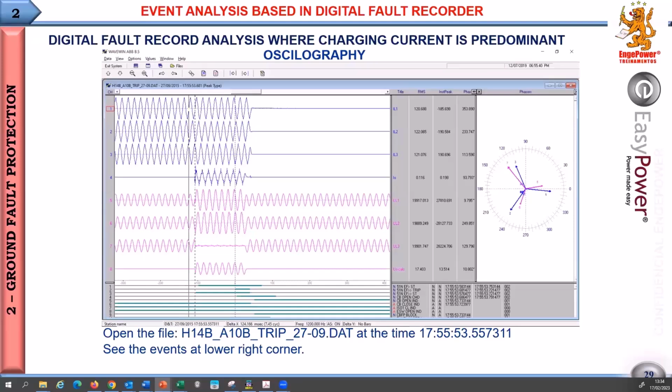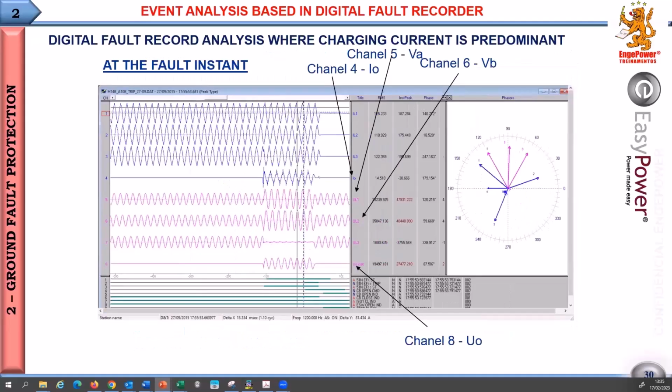But positioning the cursor here, what we see in this figure is that the phase that went to ground is phase C. And the voltage rose on the other 2 phases. And this means that it's a ground fault because the system is low resistance grounded.